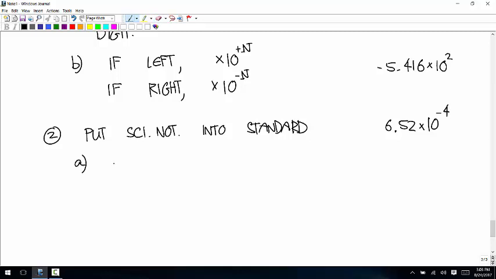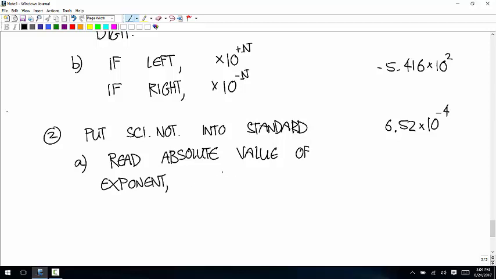So the first step is read the absolute value of the exponent, and is it positive or negative?